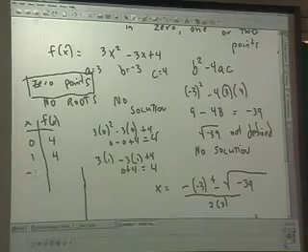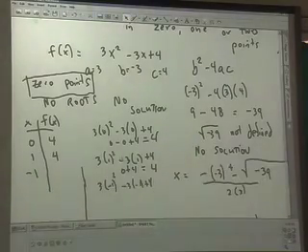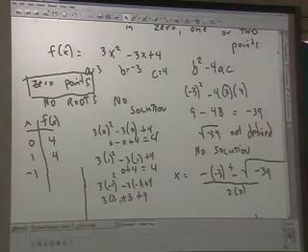What happens when we use negative 1? This is 3 times negative 1 squared minus 3 times negative 1 plus 4. 3 times negative 1 squared is 3, so we get 3 plus 3 is 6, plus 4 equals 10. We're going to see in a moment when we graph this that it starts to make sense.